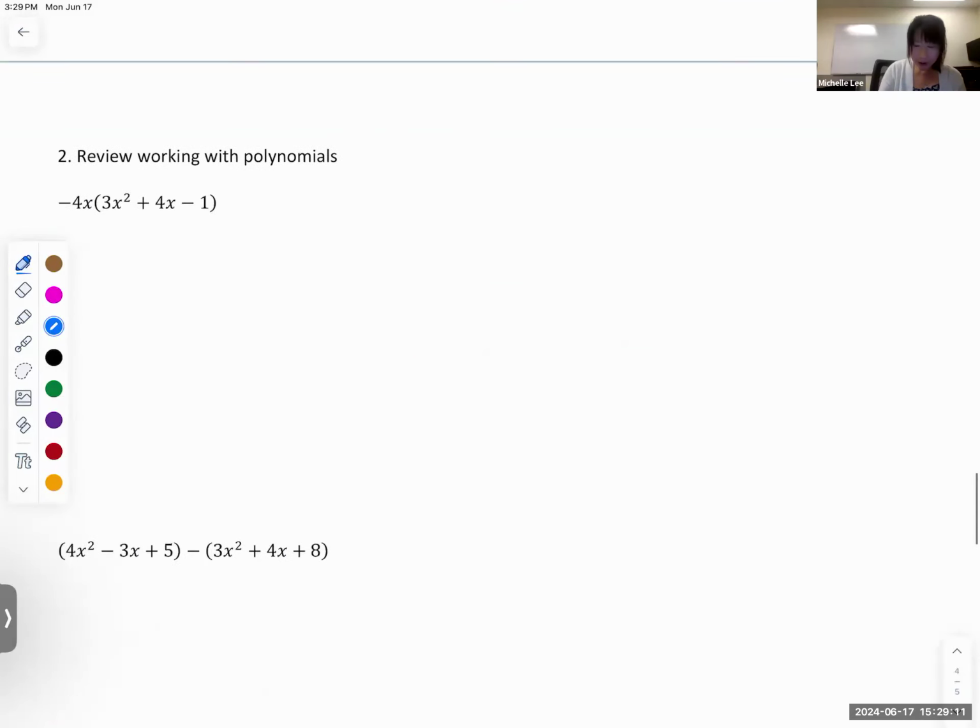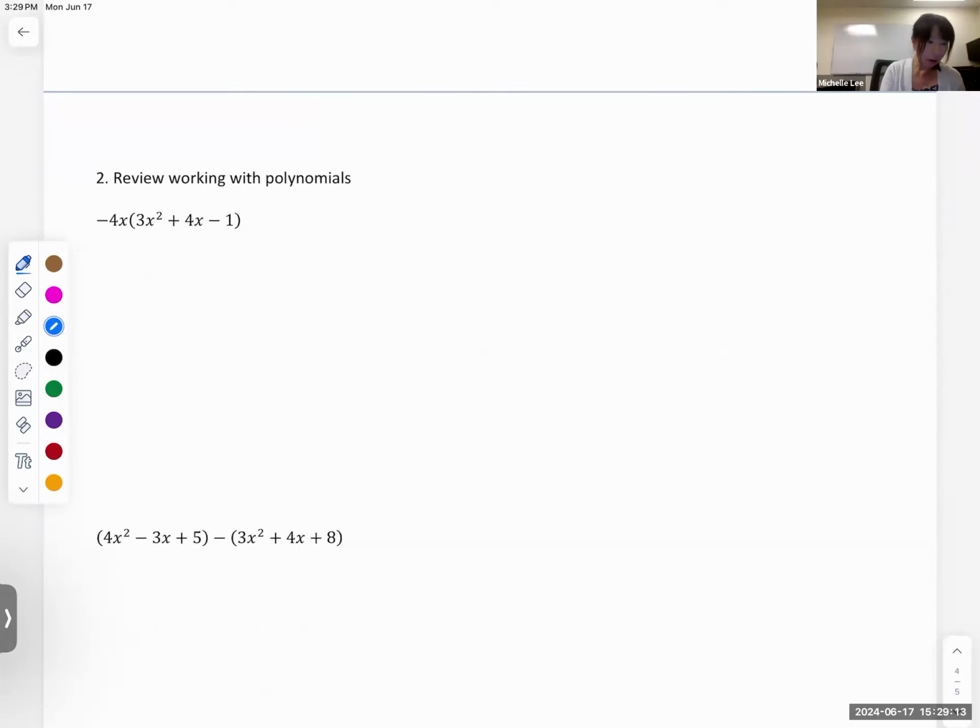Let's move to working with polynomials, okay? All right, in that case, we need to distribute. So that will be negative 12x to the third power, because we added their powers, right?